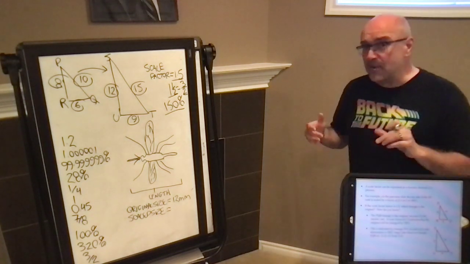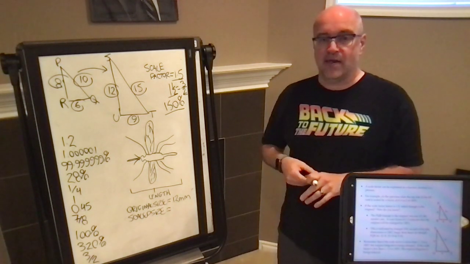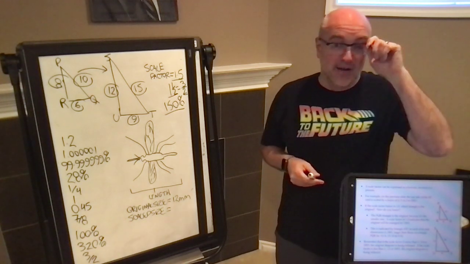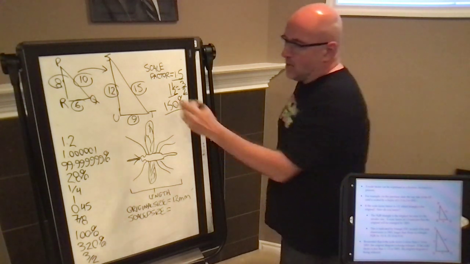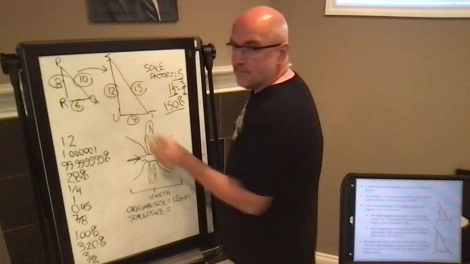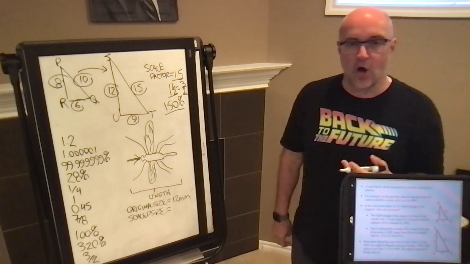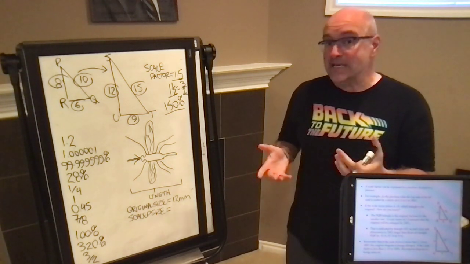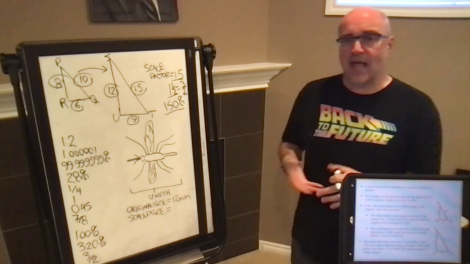Now, how do I know it's a perfectly scaled triangle? Is it consistently 150% scale factor? I proved that because I checked all the measurements on all the corresponding sides. I calculated the scale factor in all three of them. All three of them came out to 1.5. If they didn't, then it's not a perfectly scaled up triangle.